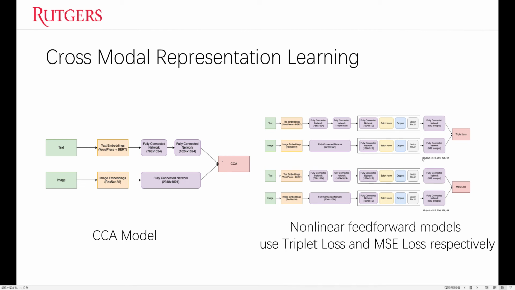Then I tried triplet loss or MSE loss, and I also made some complex design at the end of the model to let it learn more significant details about text and images, and then learn how to retrieve them. The most important part is retrieval from image to text or from text to image.